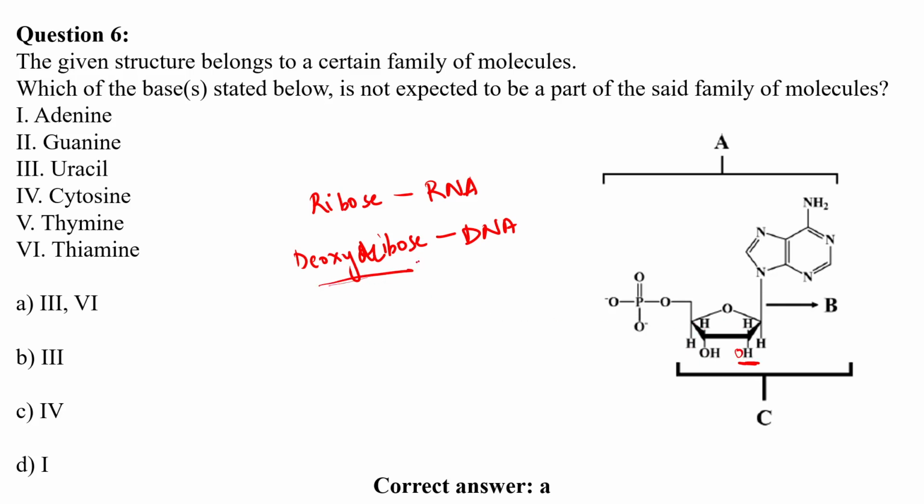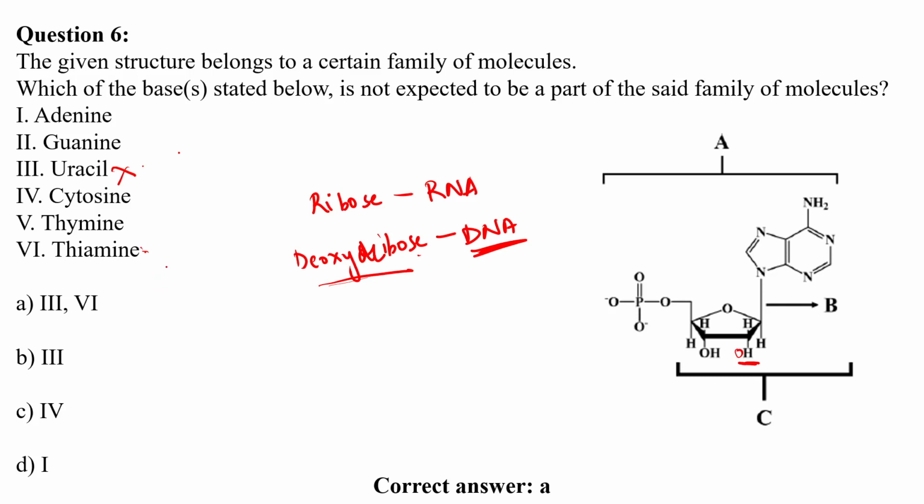And now this deoxyribose sugar is part of the family DNA. And we know uracil is not found in DNA, it is only found in RNA. And thiamine is actually not found in any of the DNA or RNA molecules. It is not a part of nucleic acid, it is a part of vitamin. It is a type of vitamin which is converted to a cofactor which is used in different enzymatic reactions.